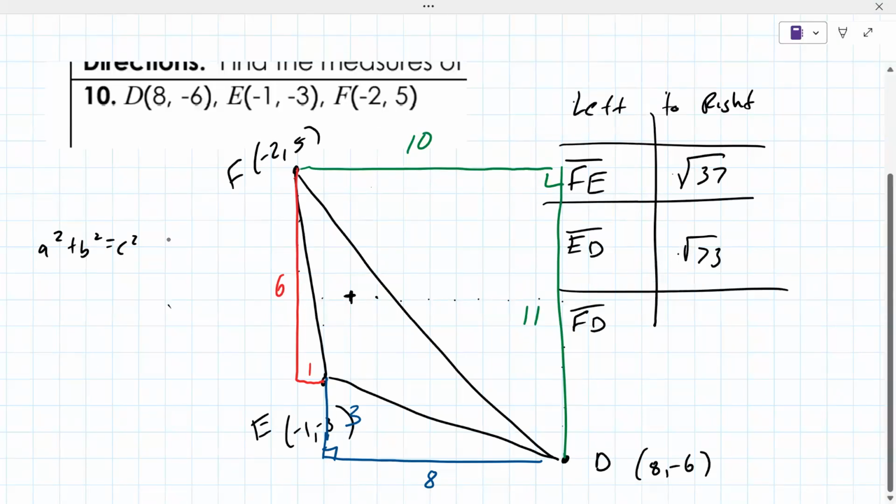So it'd be 100 plus 121. What does that become? 11 squared is 121 plus 100. Oh, it's 221.